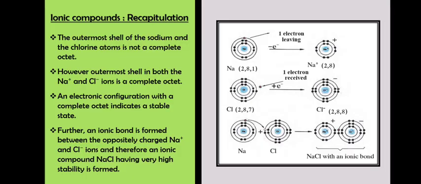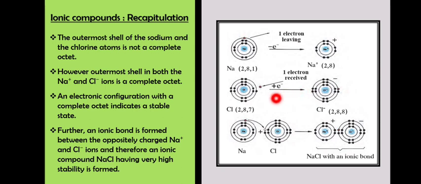Now here you see the outermost shell of the sodium and the chlorine atoms is not a complete octet. Can you see? The sodium atom has 1 electron in the outermost shell, correct? So it needs 7 more to complete the octet, which is very difficult. That is why sodium loses 1 electron rather than gaining 7, okay? Whereas chlorine, if you see, it is 2, 8, 7.